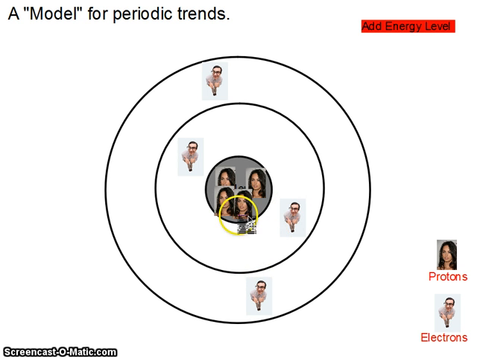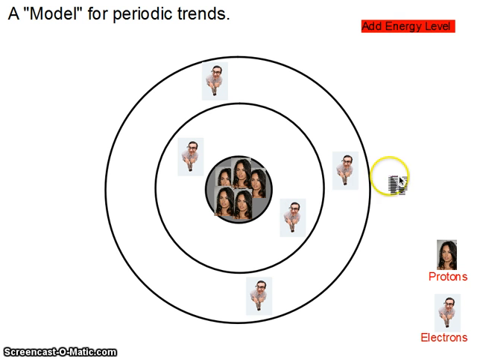So we can see as we add more protons, if I add another proton to the nucleus and I add another electron, if I don't add any more energy levels, the attraction is going to continue to increase. Because now this electron only sees two electrons in its way, but it sees five protons in the middle. And so it has a very strong attraction to that nucleus.